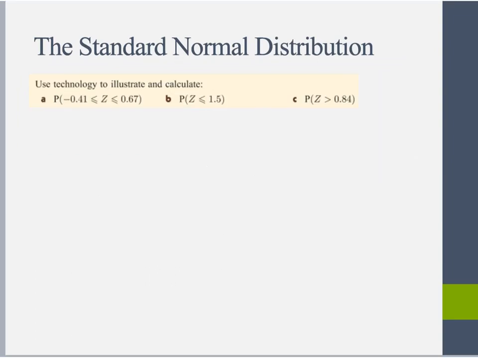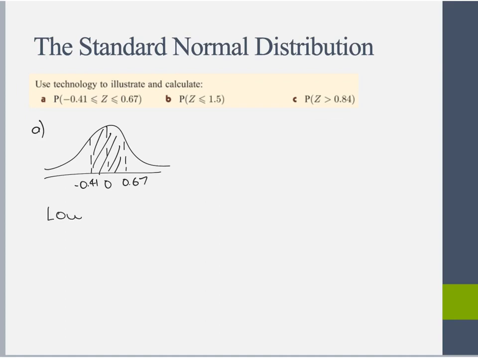Now, these ones are using technology. So if we wanted to do A, it's always good practice to sketch it out. So we've got 0 here, negative 0.41 and 0.67. So we're finding this. If we use our calculator again, which we should all be good at now, our lower is going to be equal to negative 0.41. Our upper is going to be equal to 0.67.